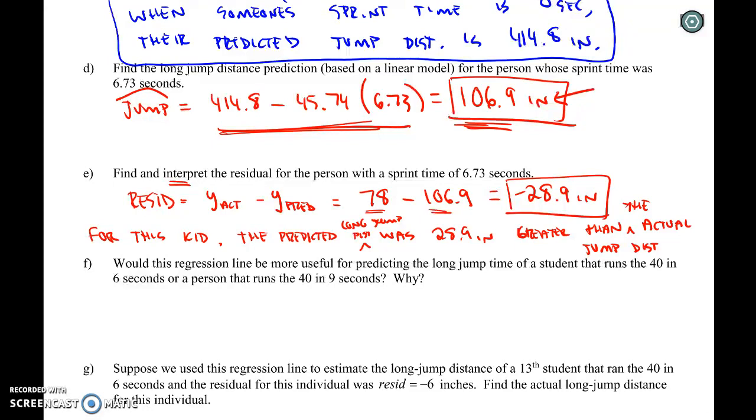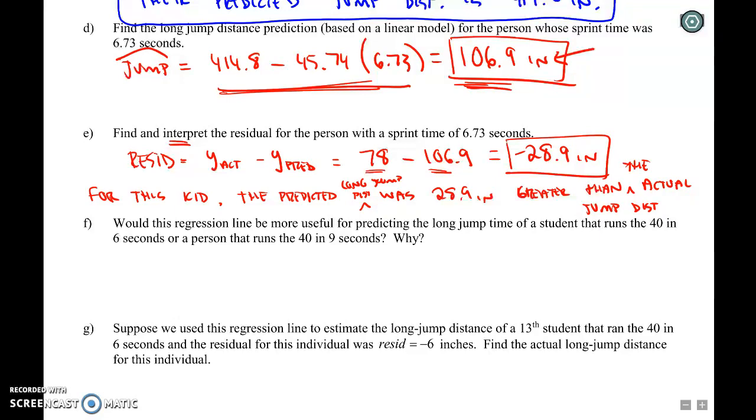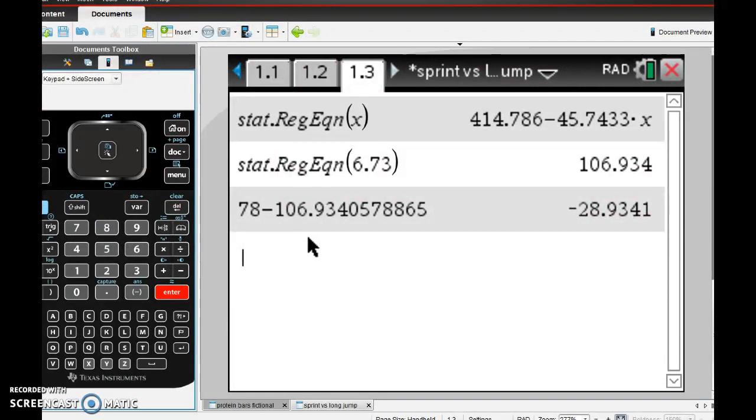Something along those lines. The key word here is that you've got to give a direction to it. That's interpreting that negative.